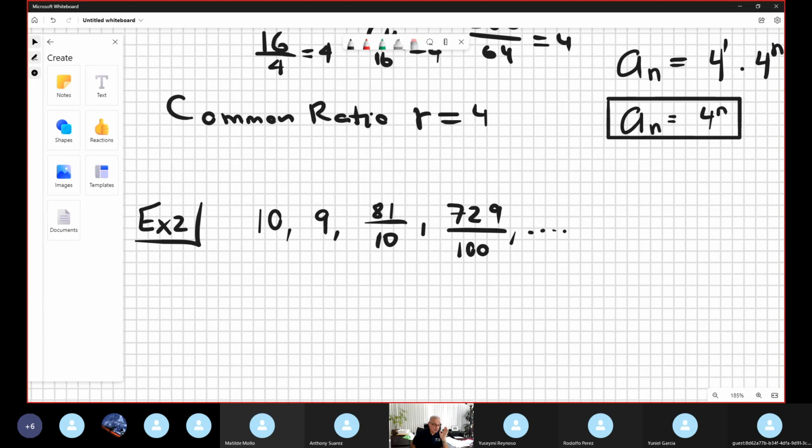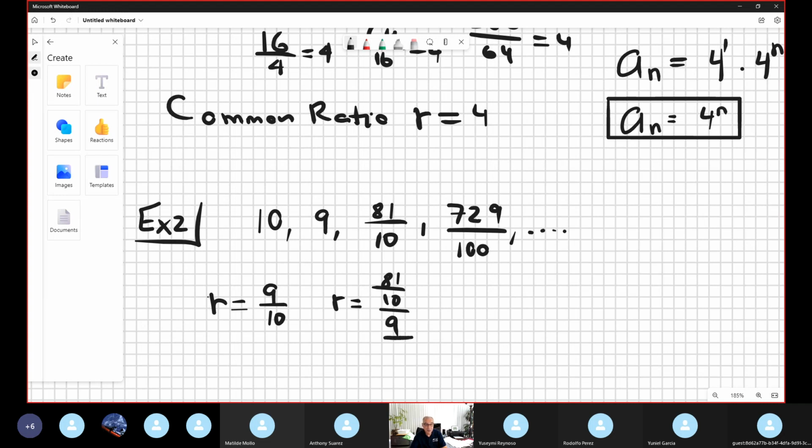The common ratio is easy. You divide, you find R, by dividing 9 over 10, and put it in decimal or fraction, either way. Another test is to divide this by this: 81 over 10 divided by 9.